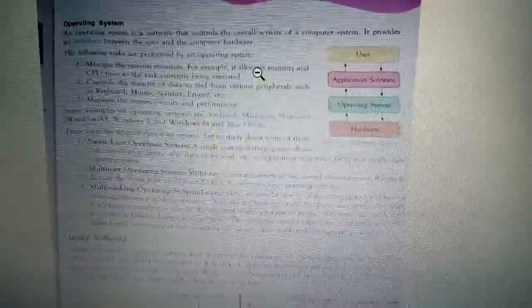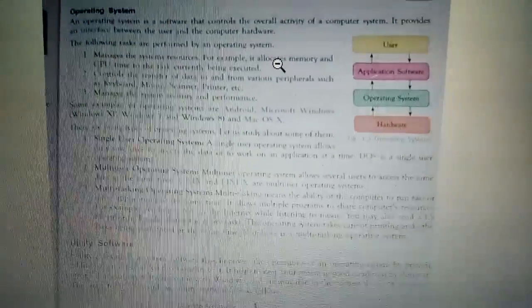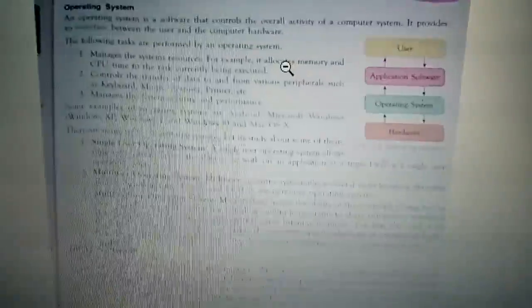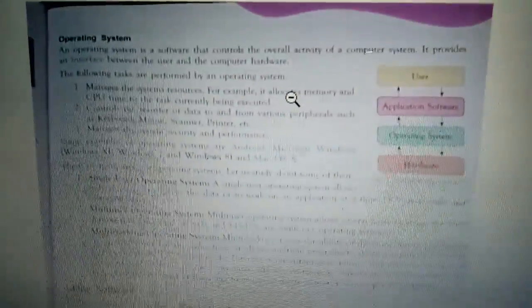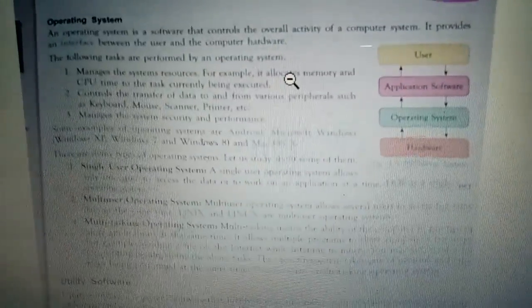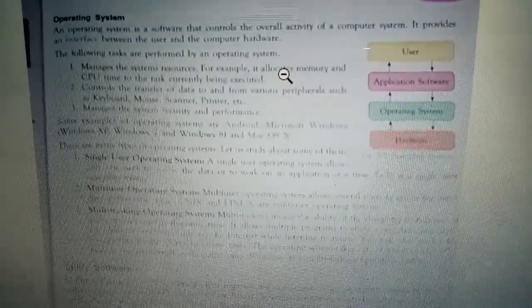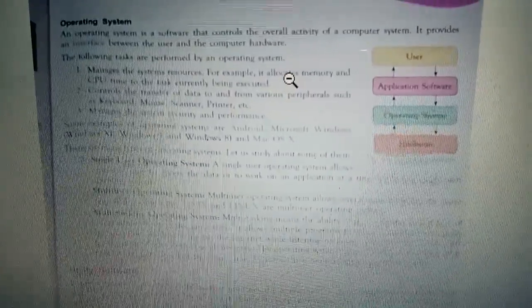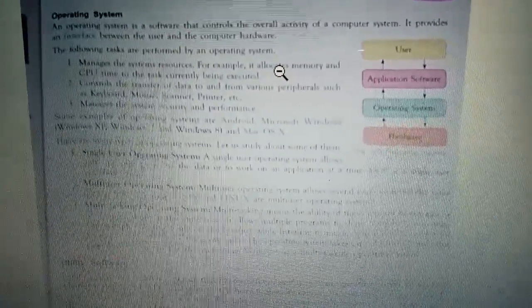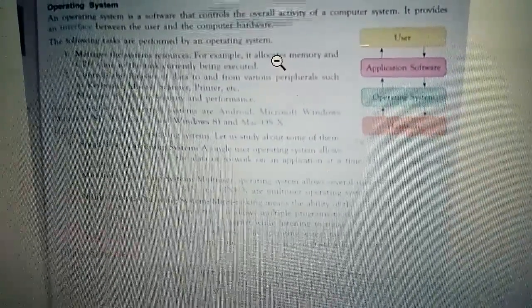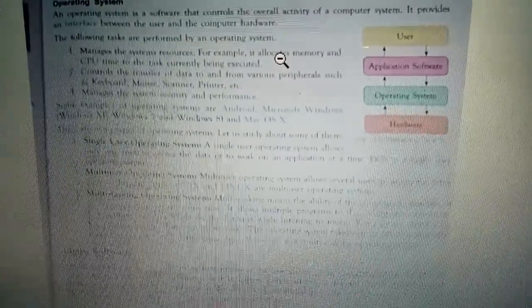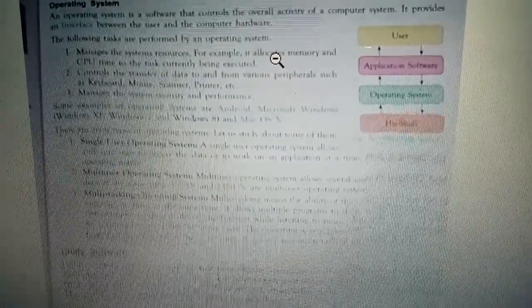It is an interface between the user and the computer system. We are the user, we are using the computer, so whatever we want that our computer should perform, that operating system is giving that instruction to the computer. Okay, so we can say that it is an interface between the computer and the user.